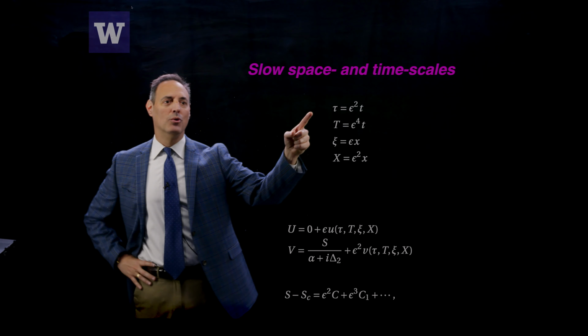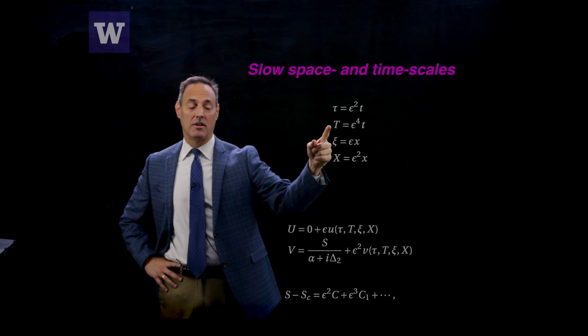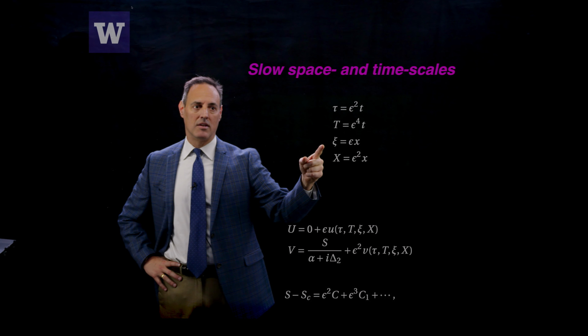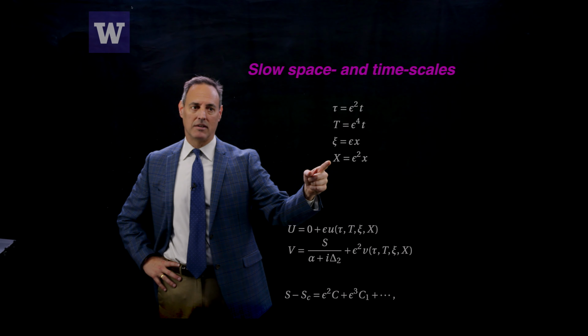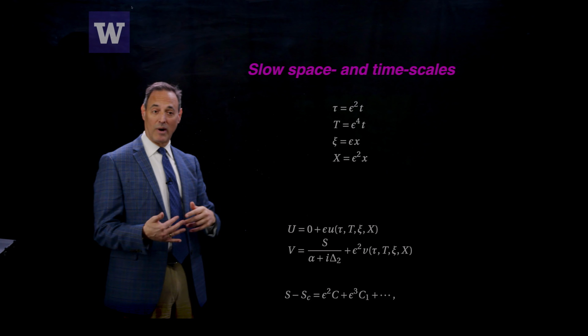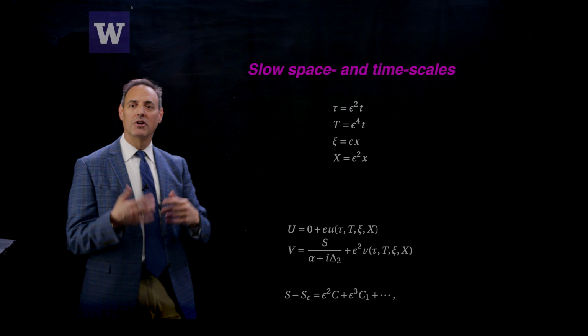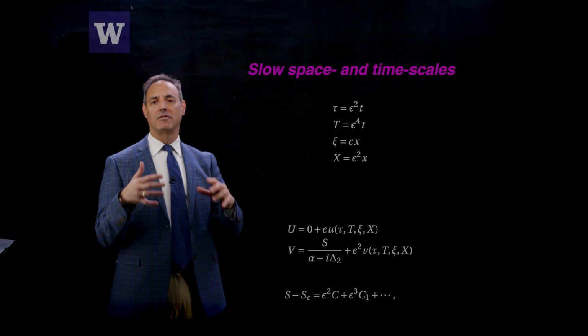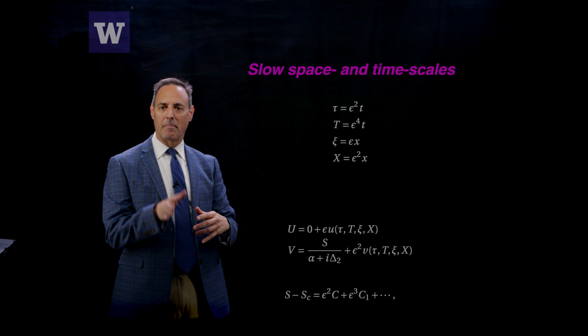The slow time scales are epsilon squared t and epsilon to the 4th t. This slow scale is epsilon x, and this slow scale is epsilon squared x. It turns out, depending upon the parameters of this system, you're going to get different dominant balance physics that occurs near the bifurcation point.